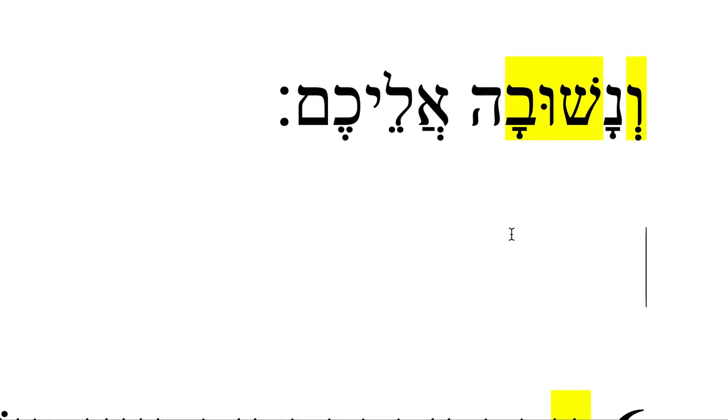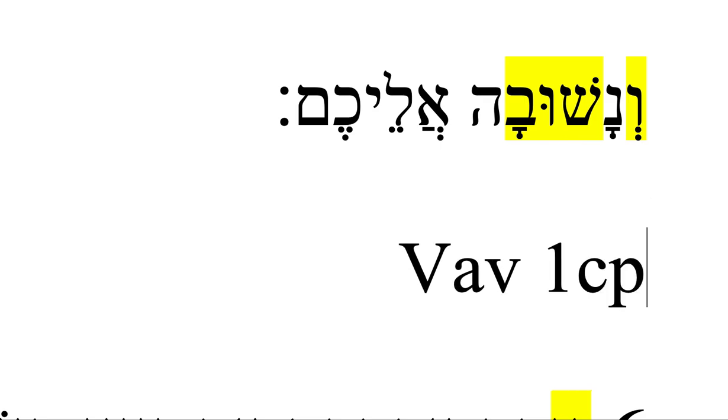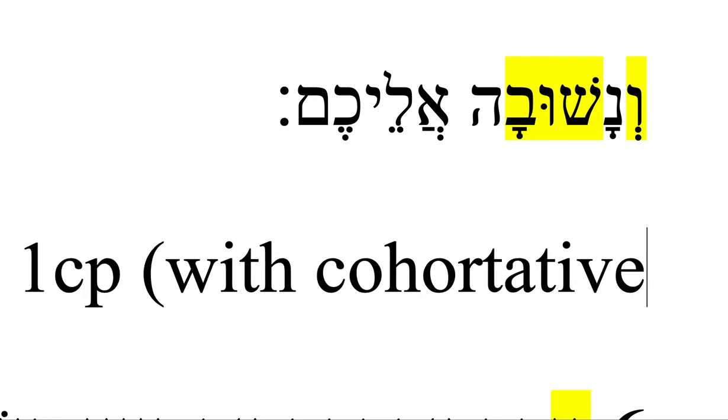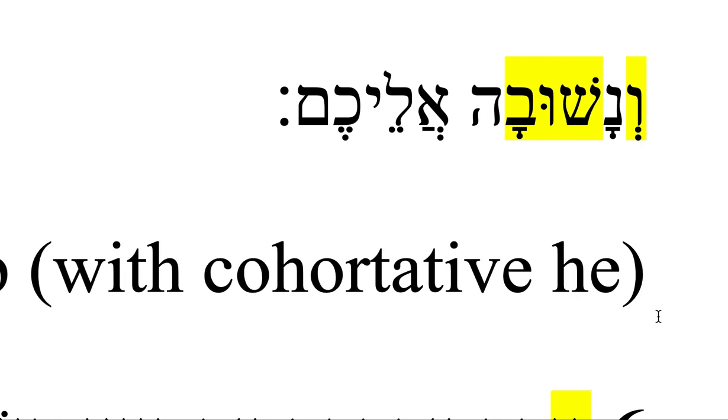So the parsing will be Vav. By the way, this one is not a consecutive, it's just a regular Vav. Notice the Shava under there. So Vav, and then we have 1 CP for the nun, and we have a cohortative he at the end.